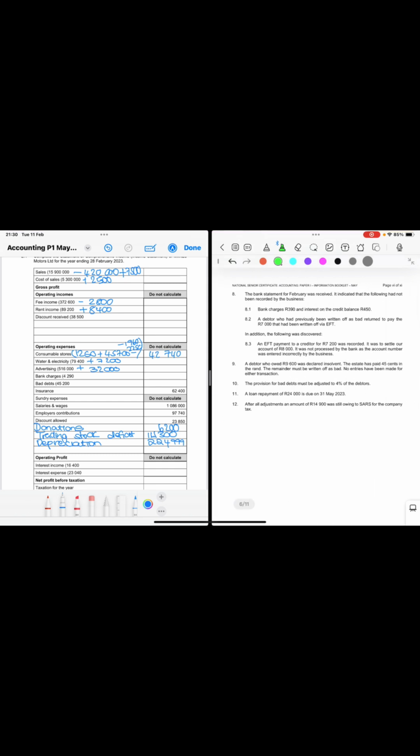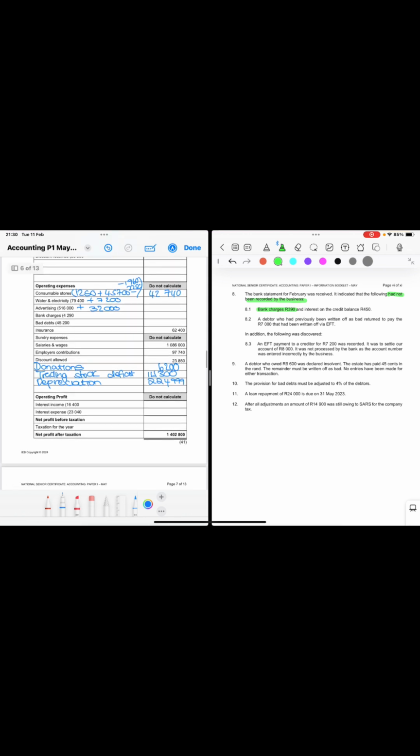The bank statement for February was received. It indicated that the following had not been recorded by the business. Bank charges of 390. So we go to bank charges plus 390. Interest on the credit balance 450. According to the bank, if you have a credit balance, that means you have money in your account, so you would have earned interest. So this would be going to interest income.